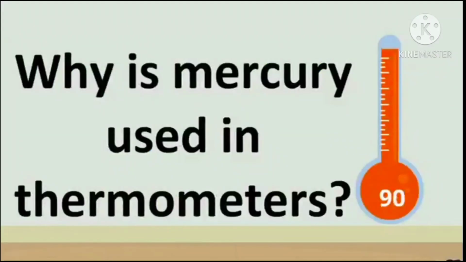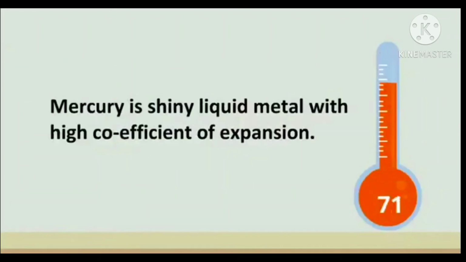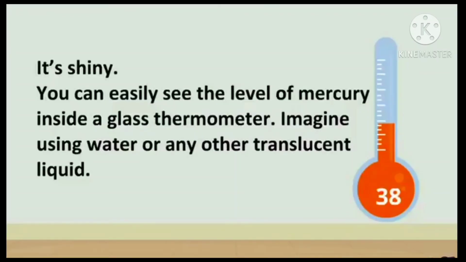Now let us see why mercury is used in a thermometer in detail. Mercury is a shiny liquid metal with a high coefficient of expansion. That means its boiling point, melting point and freezing point are very high. It is shiny and you can see it easily and see the level of mercury inside the glass thermometer.